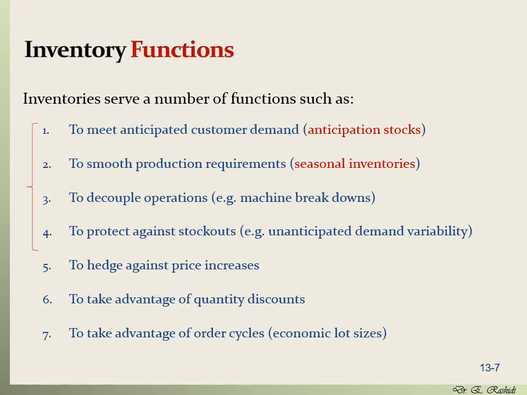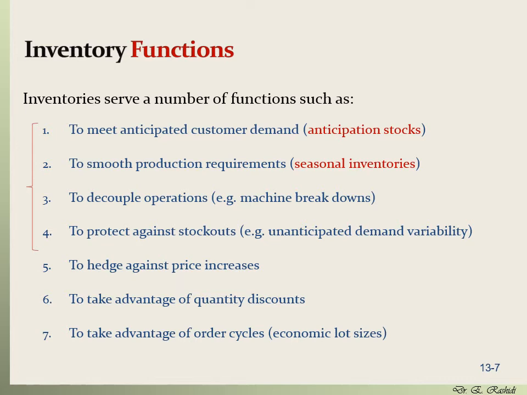Delays can occur for different reasons, for example weather conditions, supplier stockouts, or any other problem with the supplier or with the supply chain up to that point, deliveries of wrong materials or wrong products, or quality problems. Because of these unanticipated events, we need to have protection. So this is another function of inventory.